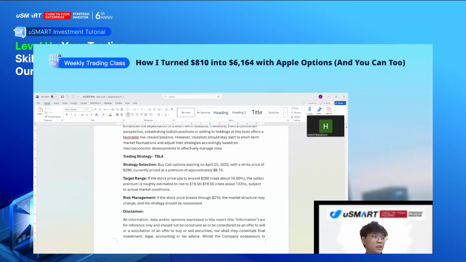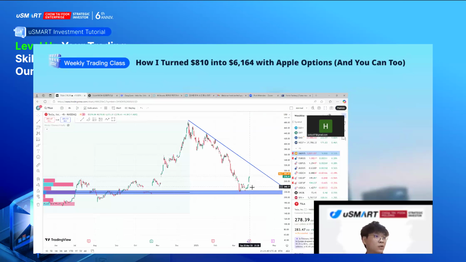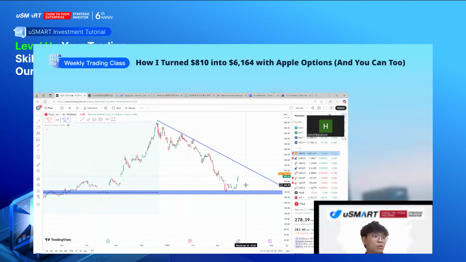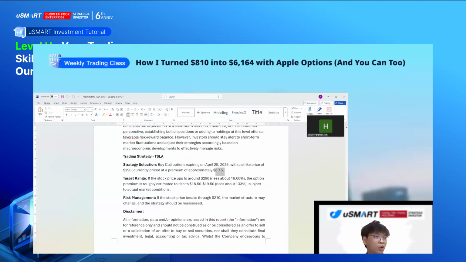And what I'm saying is, if the stock price goes up to around 290, yesterday, around 18%, your options will go from $8.15 to become $18.15, or in between, $18.15 to $19.50.